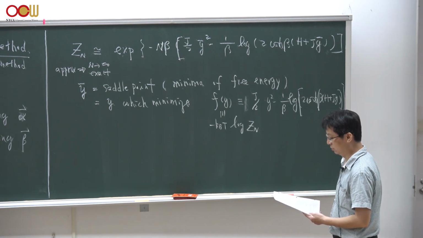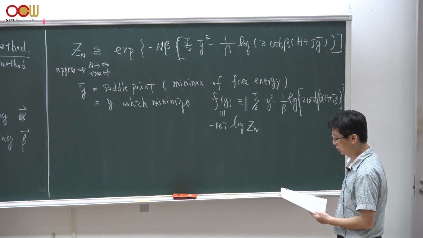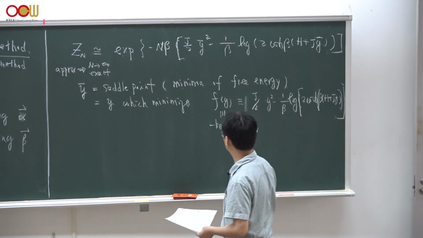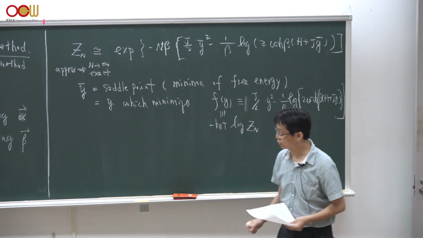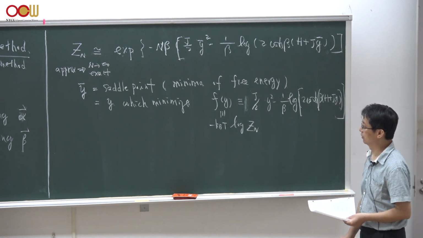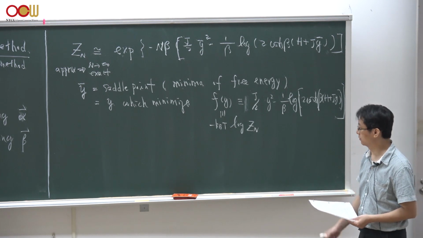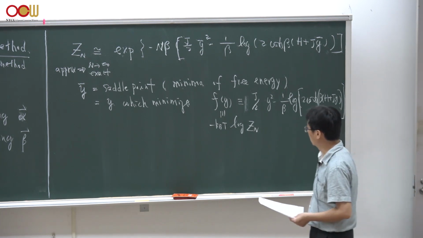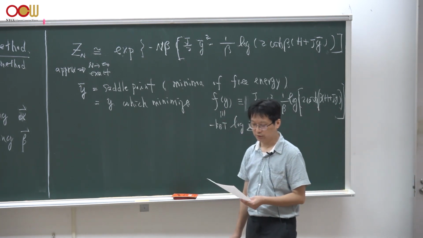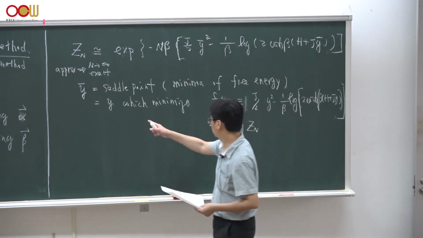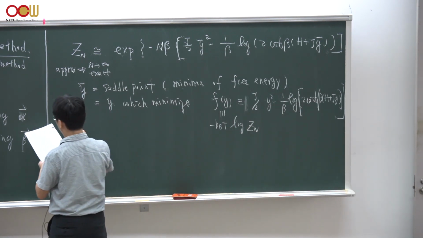Okay, so in that case we can take advantage of this minimum point of the free energy functional as a function of the parameter y. We take the first derivative of the free energy with respect to the parameter y, and it becomes 0 at that minimum point or saddle point.